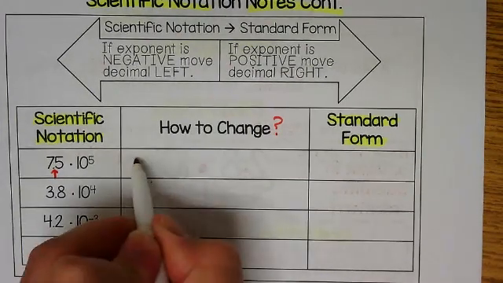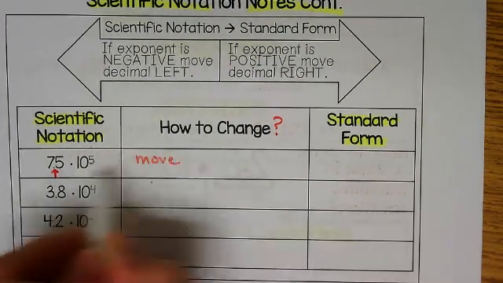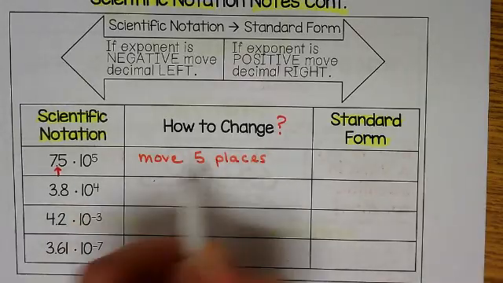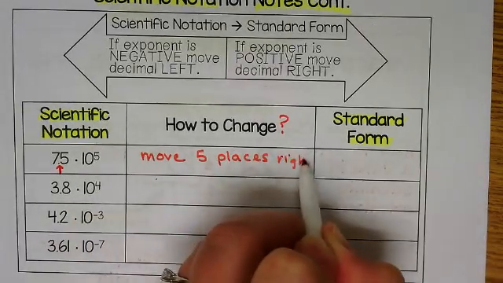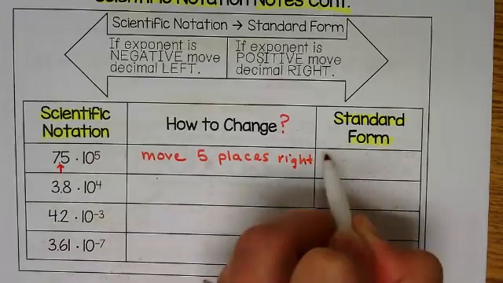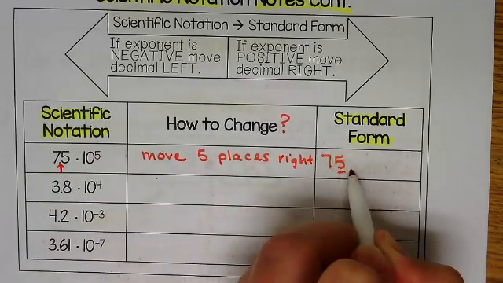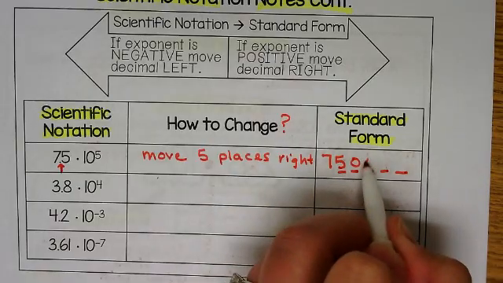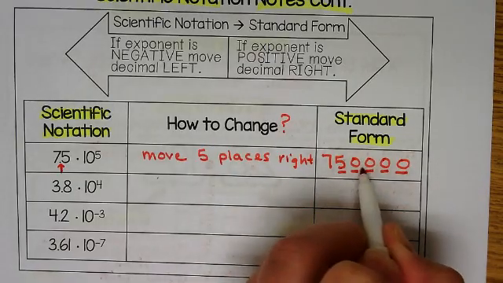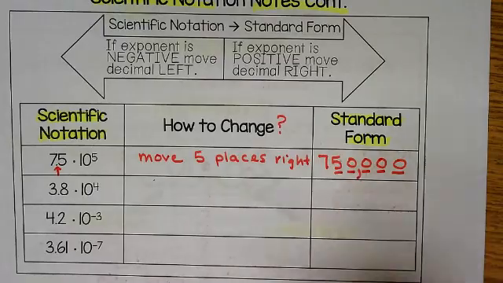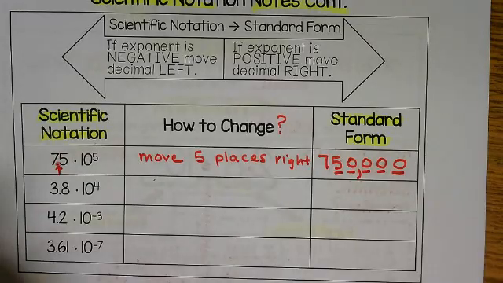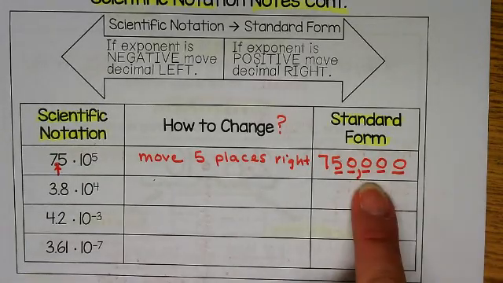So in this case, it's going to tell me to move 5 places. And I'm going to move 5 places right because it's a big number. So I'm going to move 1, 2, 3, 4, 5. And then I'm going to fill in zeros, and you count to put your comma in. So it's 750,000. So if I have 7.5 times 10 to the fifth power, it is equal to 750,000.